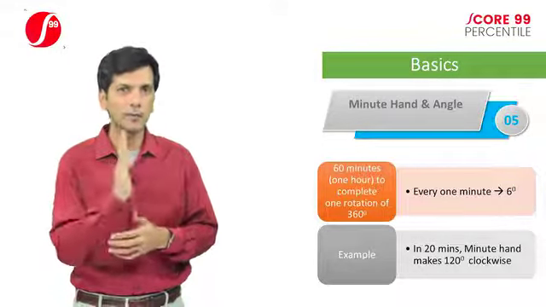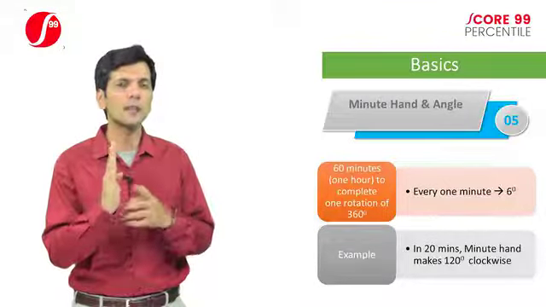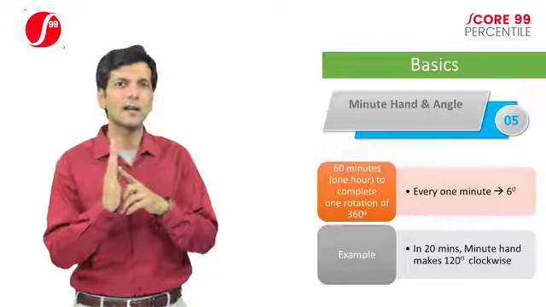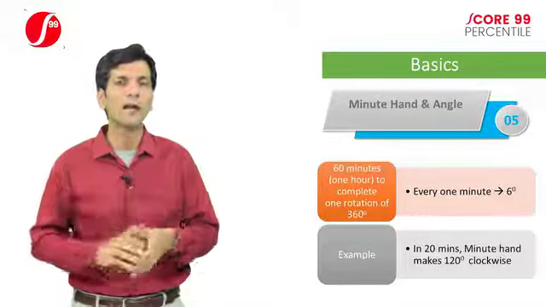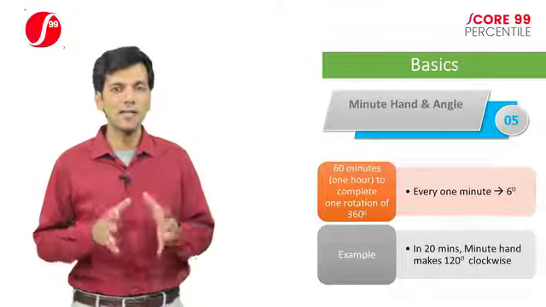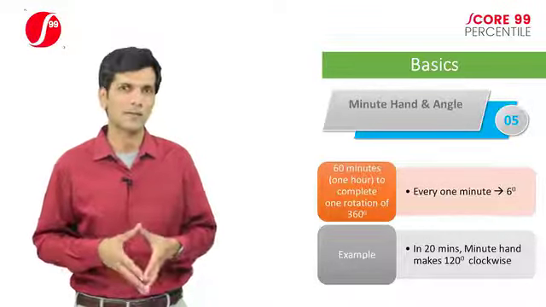Remember, your reference point is still your 12 o'clock vertical. Every minute it is making 6 degrees, so in 20 minutes it has moved by 120 degrees. So that's how you arrive at the minute hand and the angle it makes.